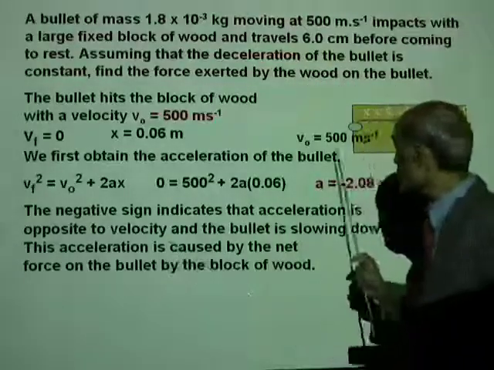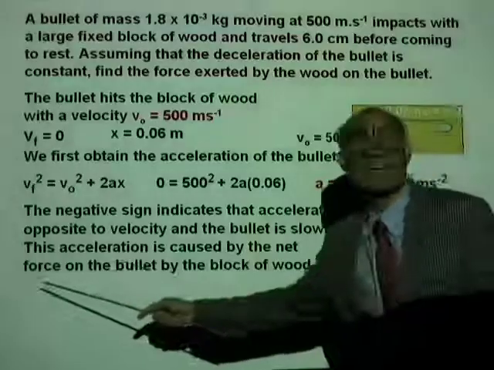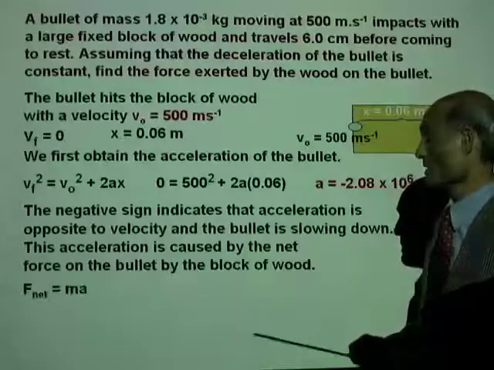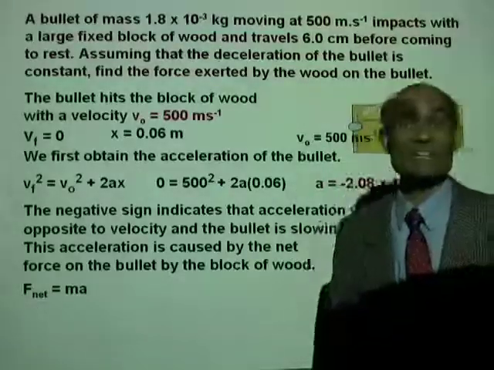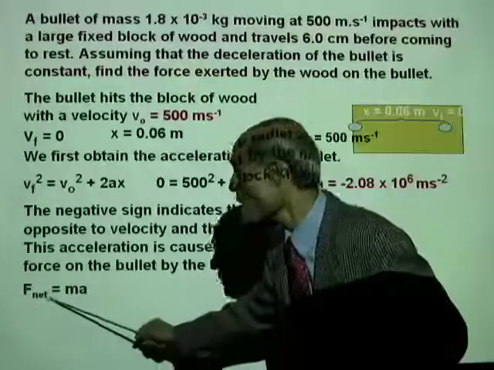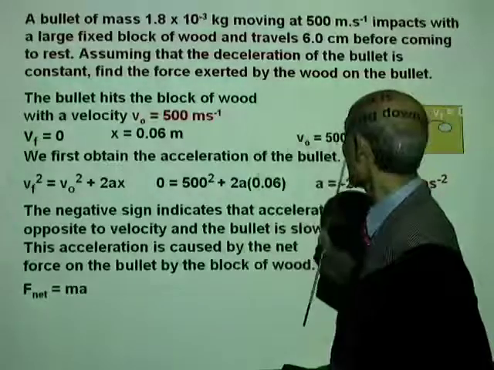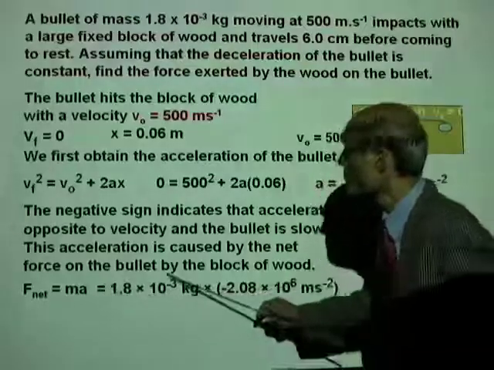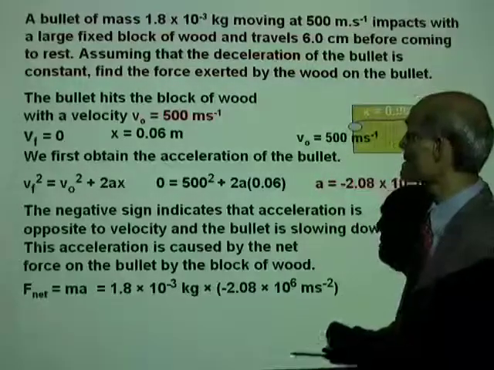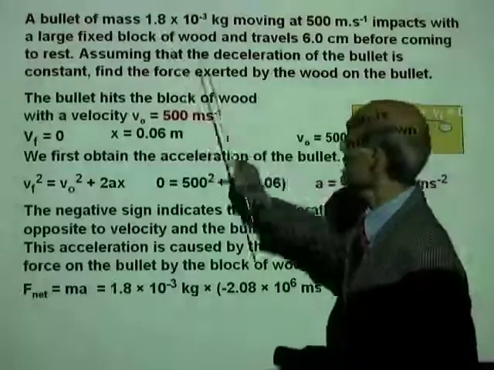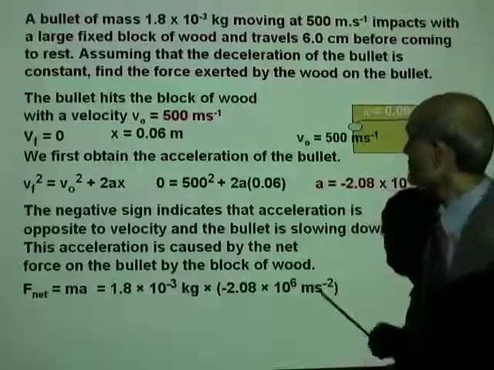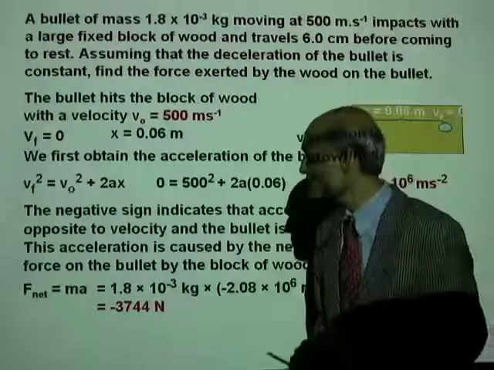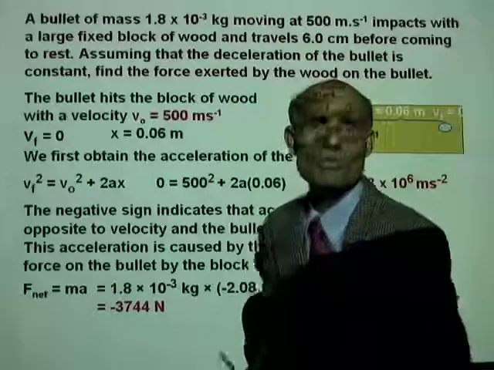This acceleration is caused by the net force on the bullet by the block of wood, which means F net equals ma, and we are looking for that net force applied by the wood. The mass of the bullet is 1.8 times 10 to the negative 3 kilogram, multiplied with the acceleration, and we get that the force is negative 3,744 Newton.